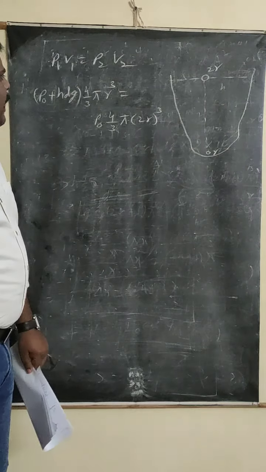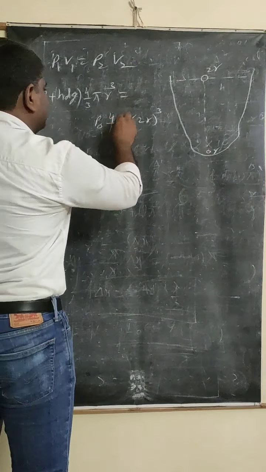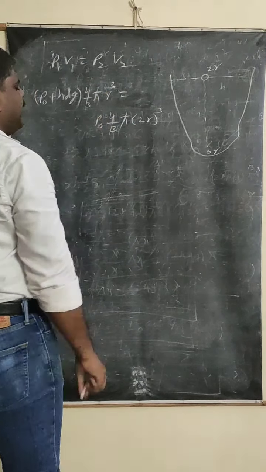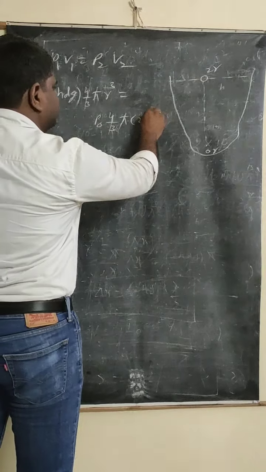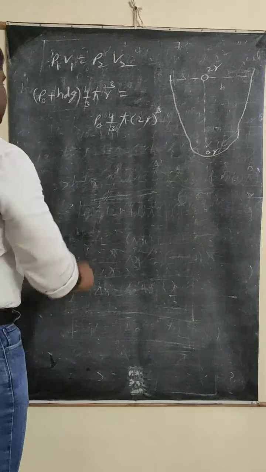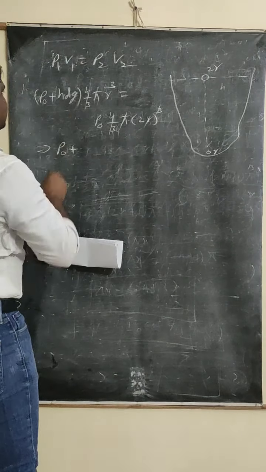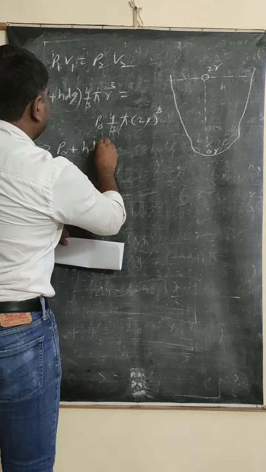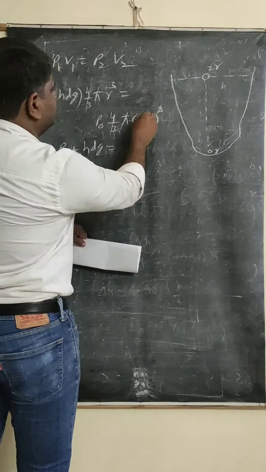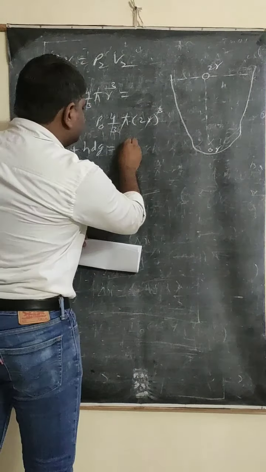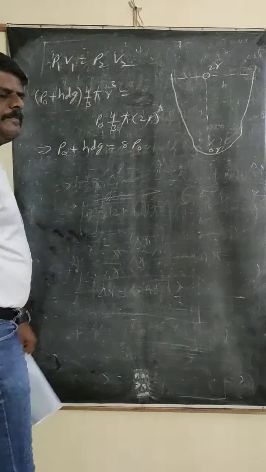Once simplified, which terms cancel here? 4 by 3 pi cancels, and R power 3 also cancels. What remains? P0 plus HDG equals 2 power 3, that is 8, so it becomes 8 P0.